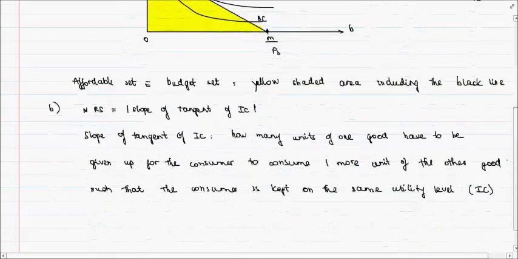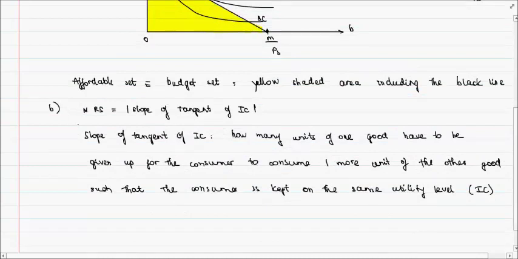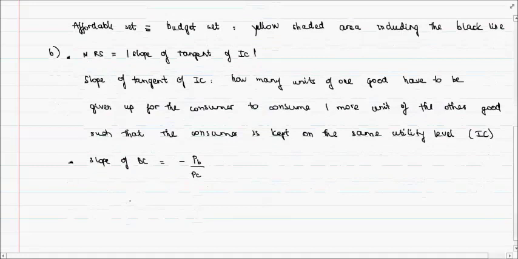Now the question wants you to draw bundle M such that this marginal rate of substitution is bigger than the price ratio. We know that the slope of the budget constraint is equal to negative PB on PC, which is the negative of the price ratio.